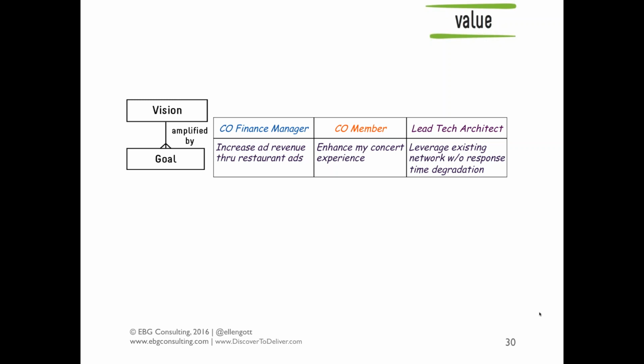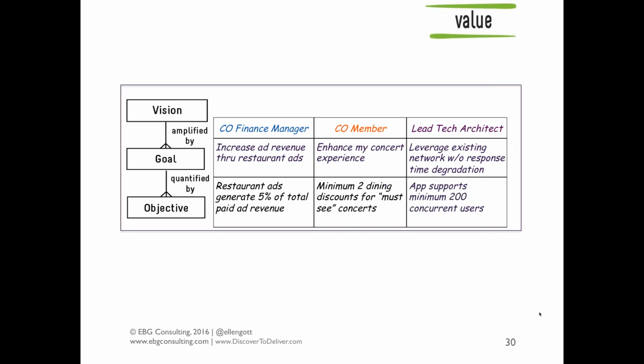So thinking about value now, those goals need to be quantified, and they're quantified by objectives. Objectives are measurable. Many of you know this from PMI or Project Management 101, that objectives can be measured. Objectives are SMART: specific, measurable, attainable, realistic, time-based.